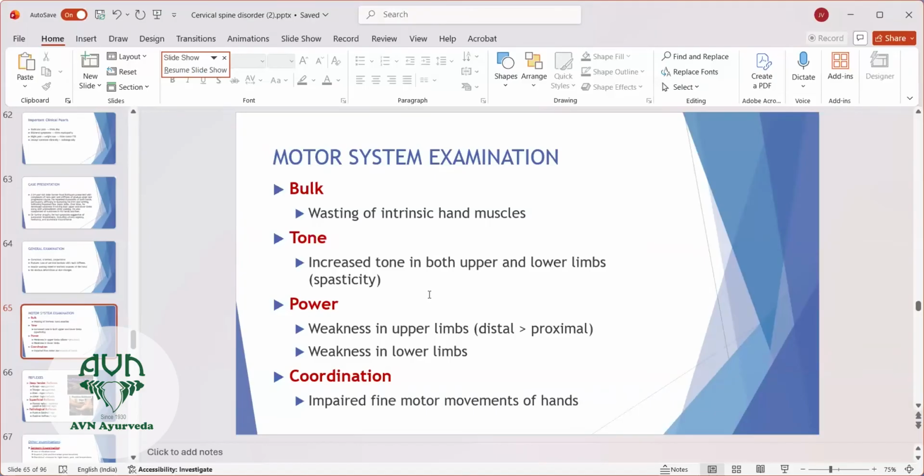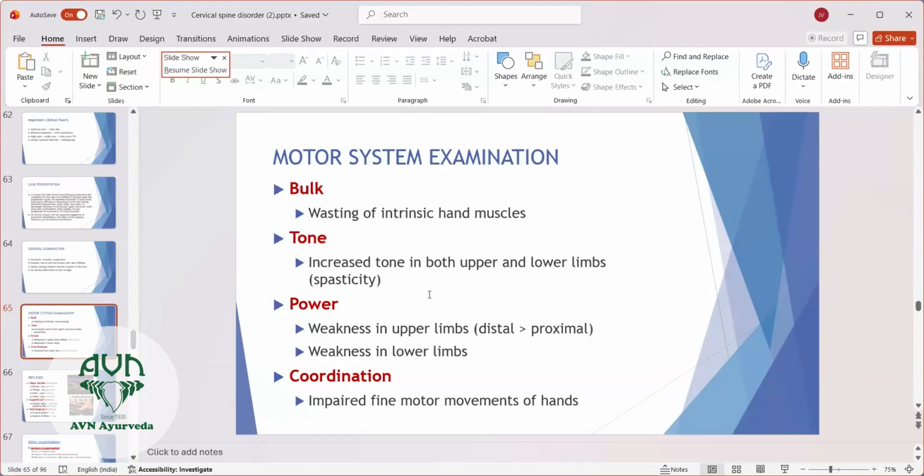Power: while examining the muscle power, there is weakness of the upper limbs, and distal muscle power is weaker compared to the proximal. The upper limbs are more weak compared to the lower limbs. Coordination: while we examine coordination, there are impaired fine motor movements of the hand.